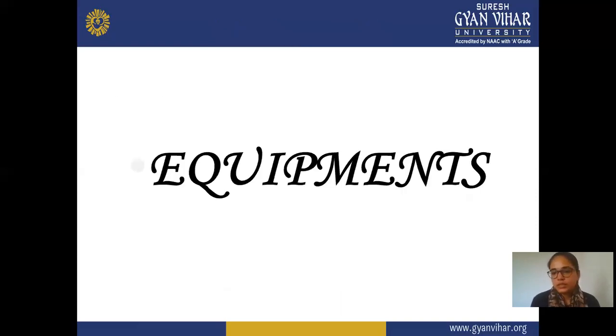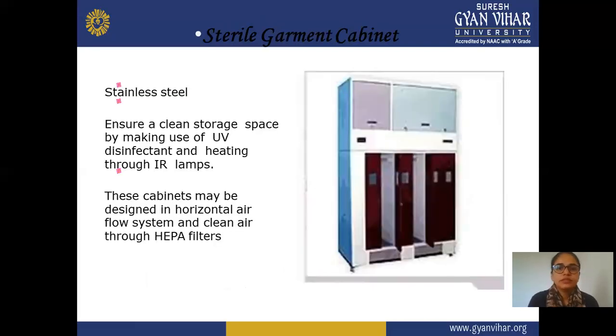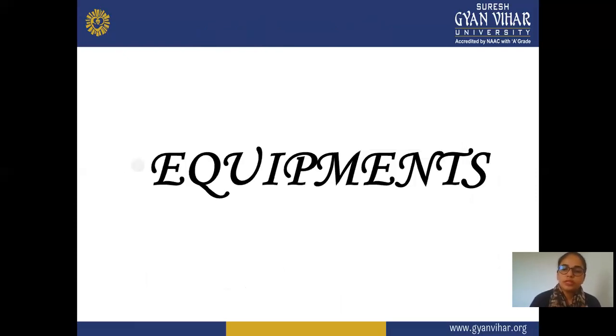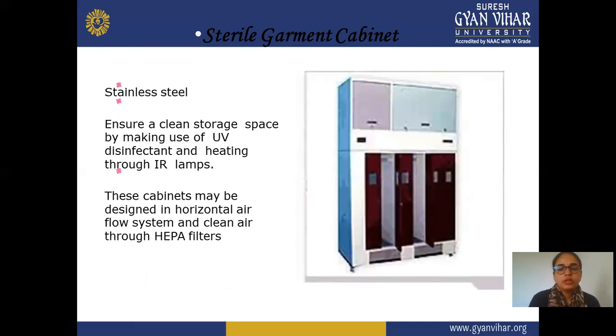Next is the equipment that you use for manufacturing of a parenteral product. The first is a sterile garment cabinet, where you store the material you use when coming into the parenteral production area. In the sterile garment cabinet, you sterilize all the garments or material that may come in contact with your parenteral product formulation.